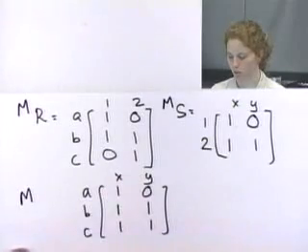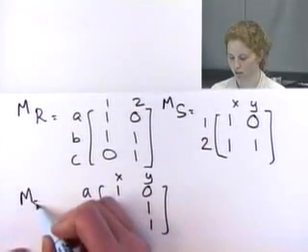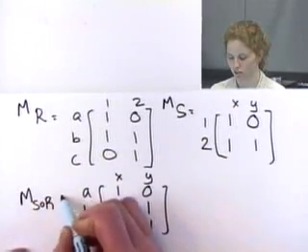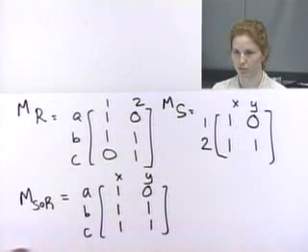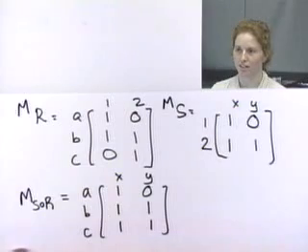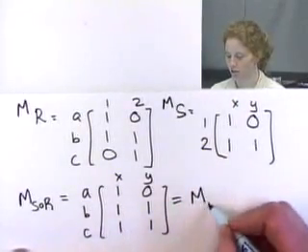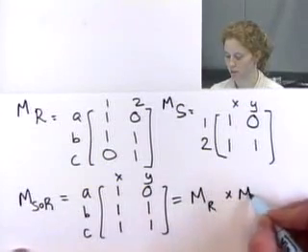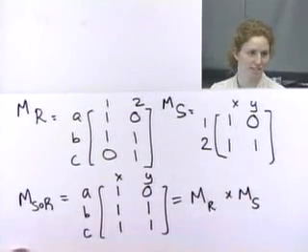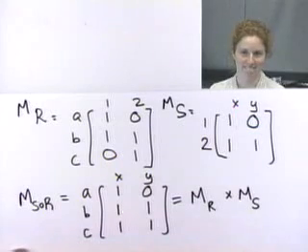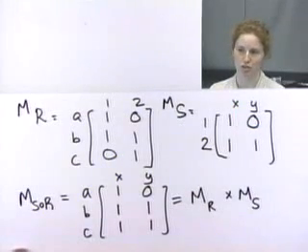Now this is really going to blow your mind, and I hate this, but I'm going to have to do it. This is the matrix for S composed with R. When I do matrix composition, this is also written as the matrix for R times the matrix for S, because you put the matrix for R first.